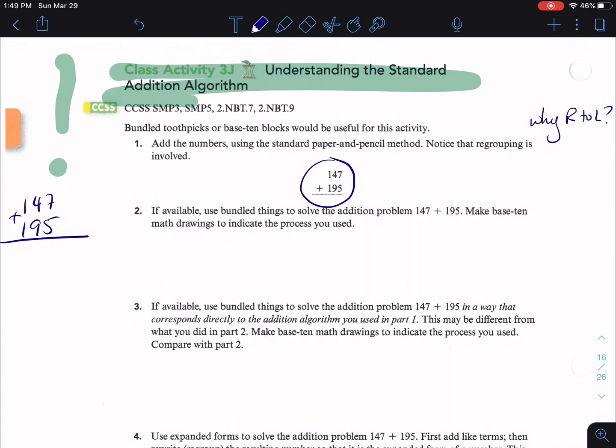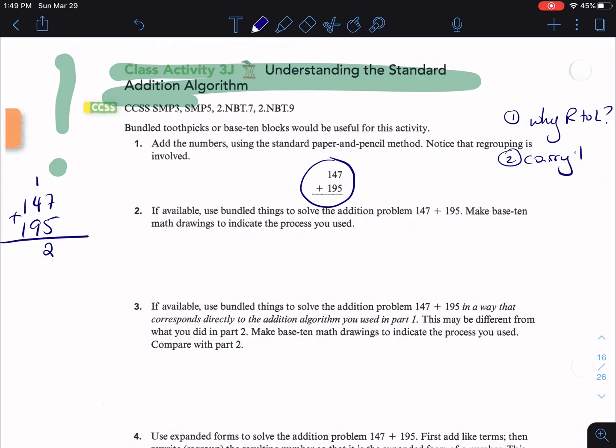Because really, if I want to add a little over 100 and almost 200, I want to know how big that's going to be, not the fact that I'm going to have two singles on the end. I'd really like to know the magnitude of that number first and not work on the least consequential numbers first. But standard algorithm says from right to left. We say 7 plus 5 is 12, and we say that's 2, carry the 1.